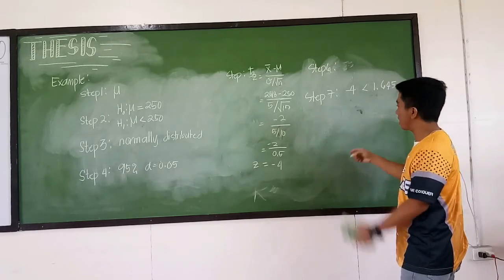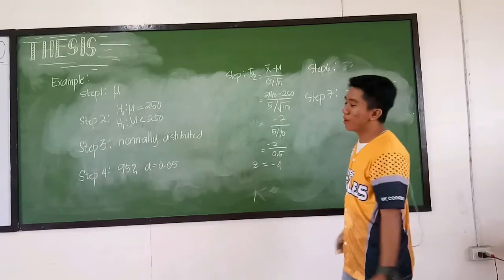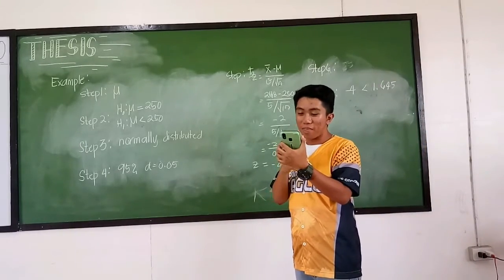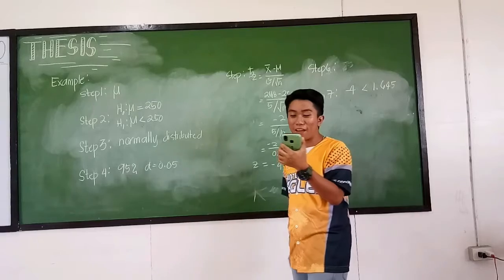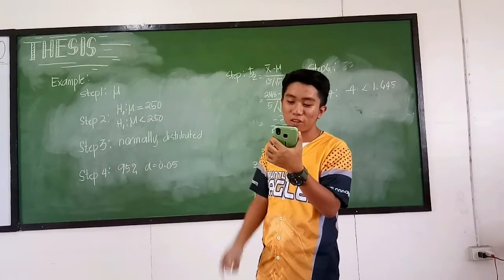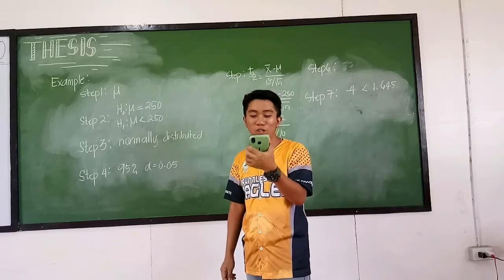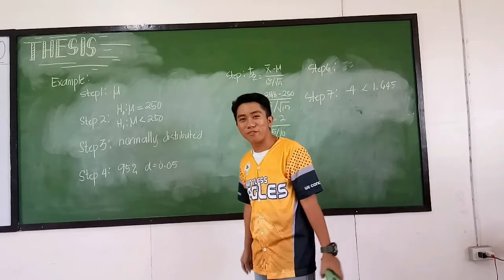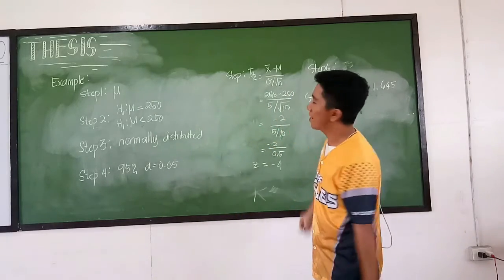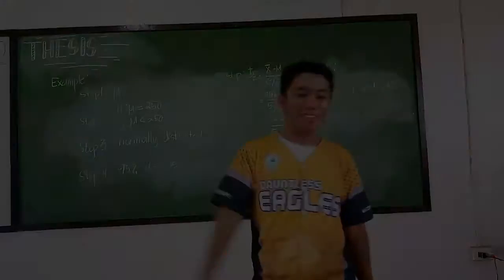We can say that our null hypothesis can be rejected because there is enough evidence to warrant the rejection of the null hypothesis. The sample does not belong to the population whose mean is 250. So that is why our null can be rejected. That's all.